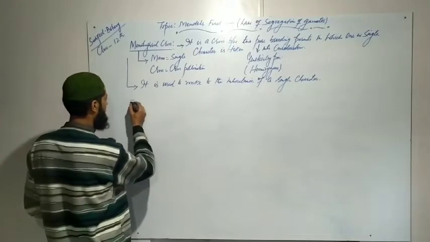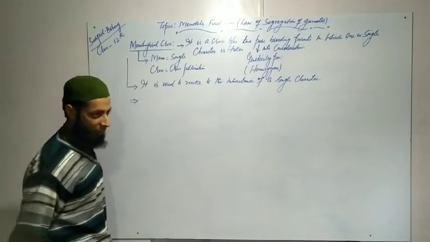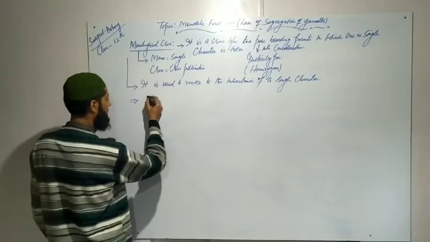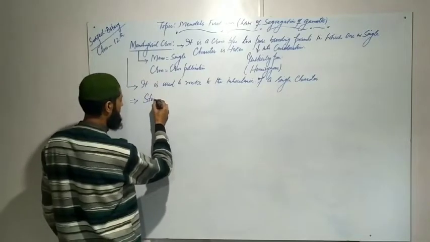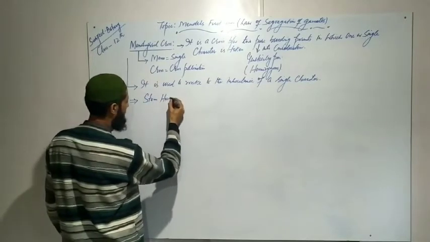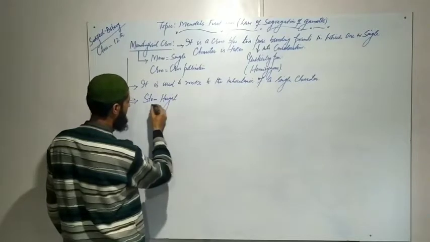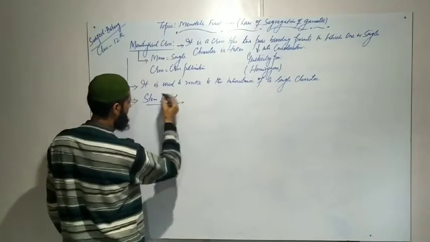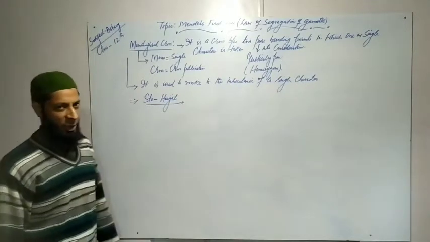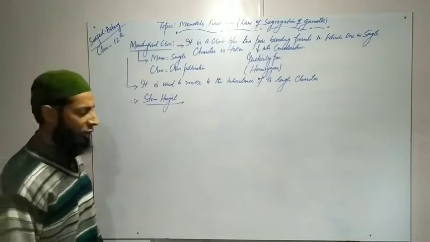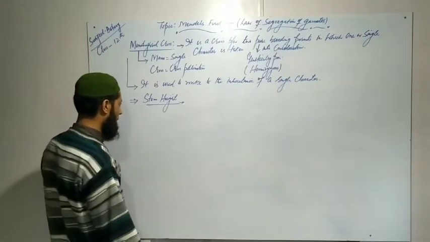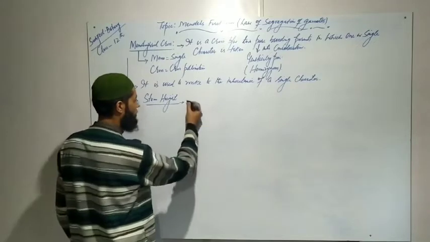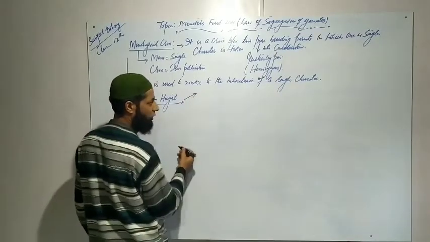For example, I will take the character stem height. This is the first character selected by Mendel in the garden pea, and this character has two contrasting variants, or forms.